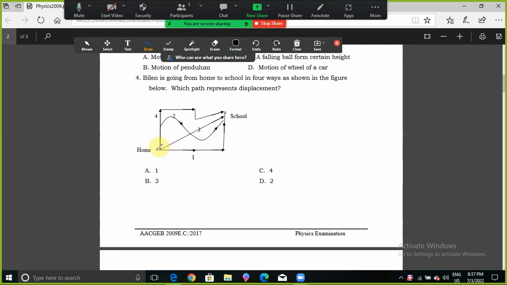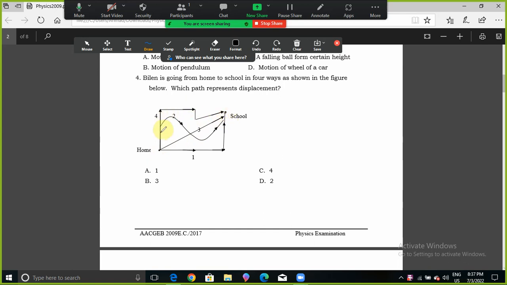The first one goes from here until here, then going to the school this way. But in 2, if you can see, it's going inside the square itself, which means it's curvilinear. In number 3, it's a straight line from 1 directly to 3.